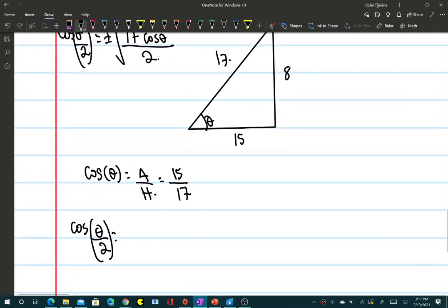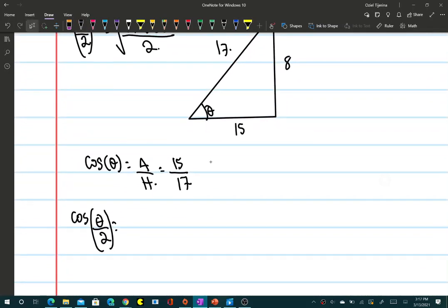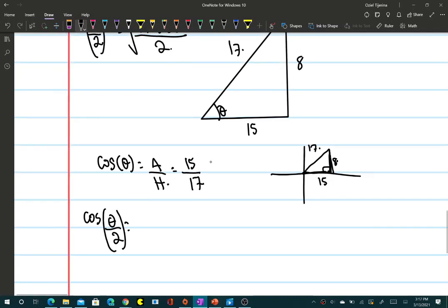If you draw it in the Cartesian plane, you would get positive 15, positive 8, and then 17 over here. So that's how you would know they're positive.